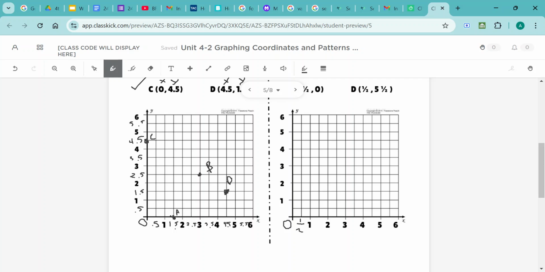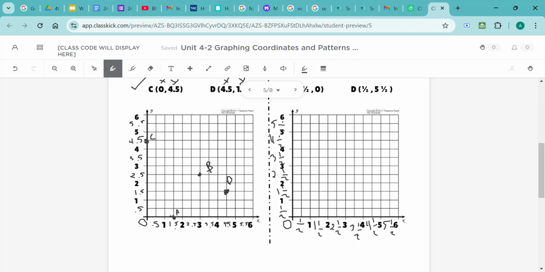I'm basically counting by 1/2. 1 would be 1.5, 2, 2.5, 3, 3.5, 4, 4.5, 5, 5.5. And then going up, we do the same pattern: 0, 1/2, 1, 1.5, 2, 2.5, 3, 3.5, 4, 4.5, 5, 5.5.